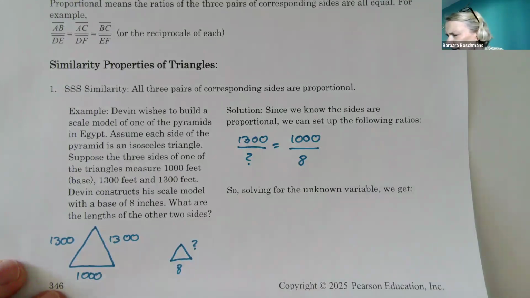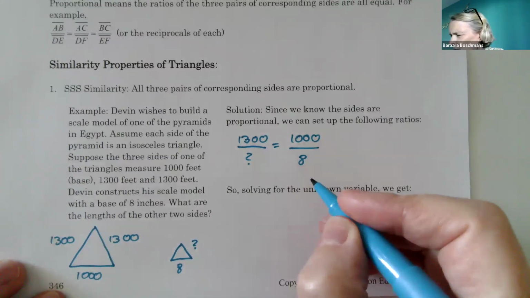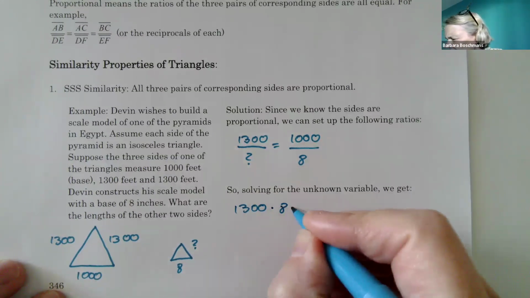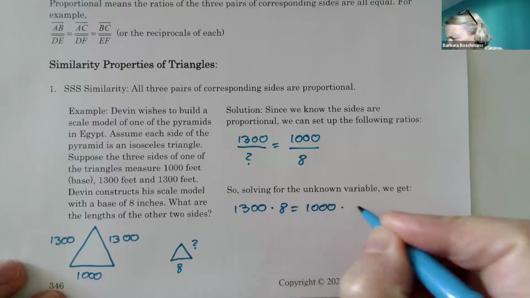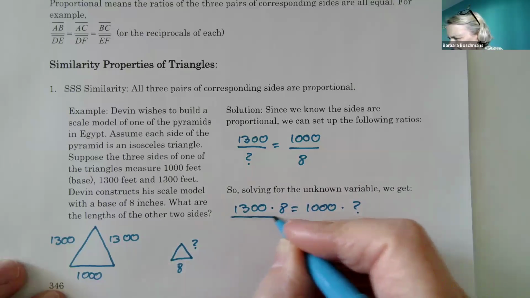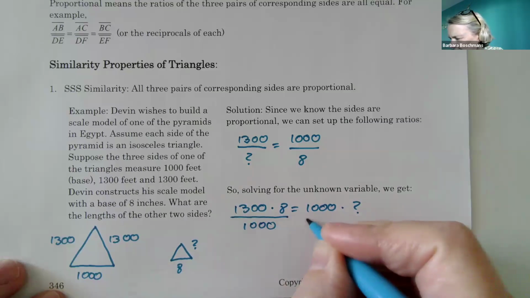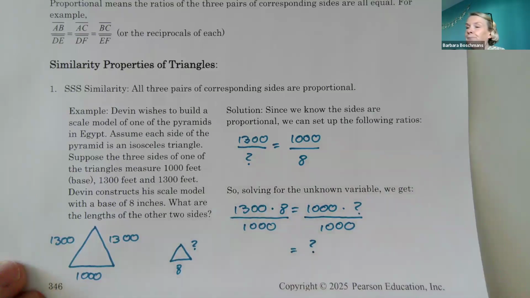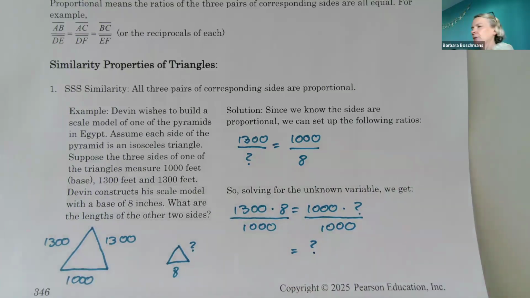So if we're solving, it has to have the same ratio. You can cross multiply if you want to. 1,300 times 8 equals 1,000 times question mark. And then divide both sides by 1,000. And I'm going to find a calculator.